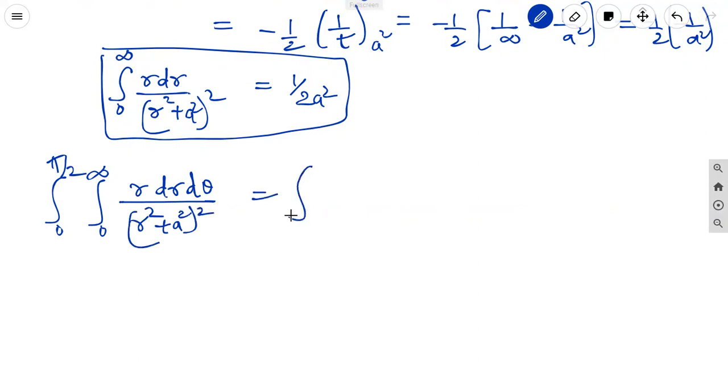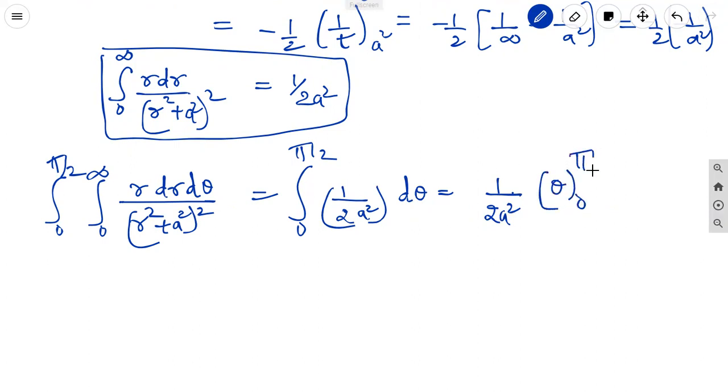It is equal to the integral 0 to π/2 of 1 by 2a² dθ. 1 by 2a² is a constant, so it goes outside. Integral of 1 dθ is θ, limits from 0 to π/2. This is equal to 1 by 2a² into π/2 minus 0, upper limit minus lower limit. That is equal to π by 4a², the value of the double integral.